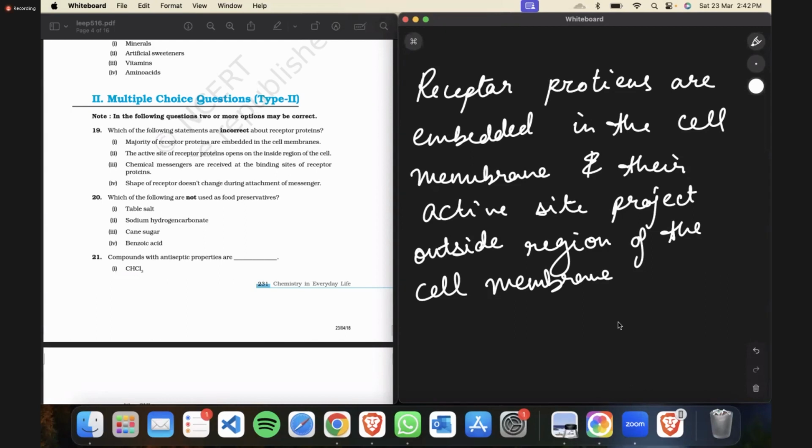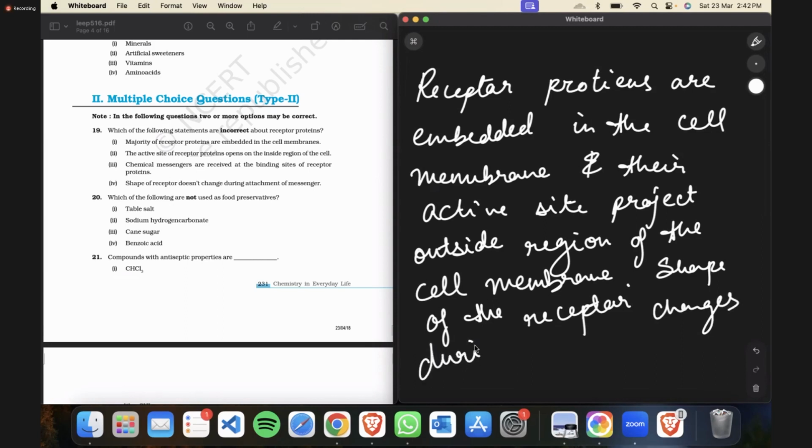The shape of the receptor changes during attachment of messenger.